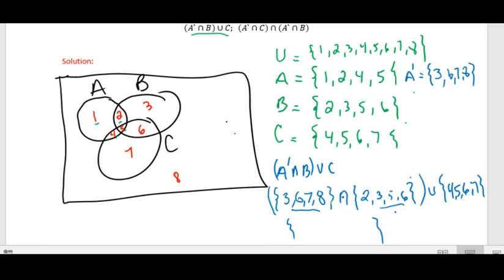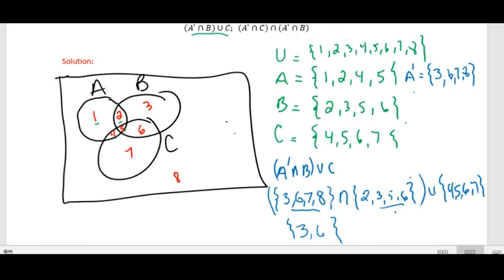Remember, the symbol for intersection means what they have in common. So I have a 3 here, and 3 is here, so that's in common. 6 and 6. 7 is in this set, but it's not in the second set. And 8 is in this set, but it's not in this set. And the same with 5. So my intersection is 3, 6.